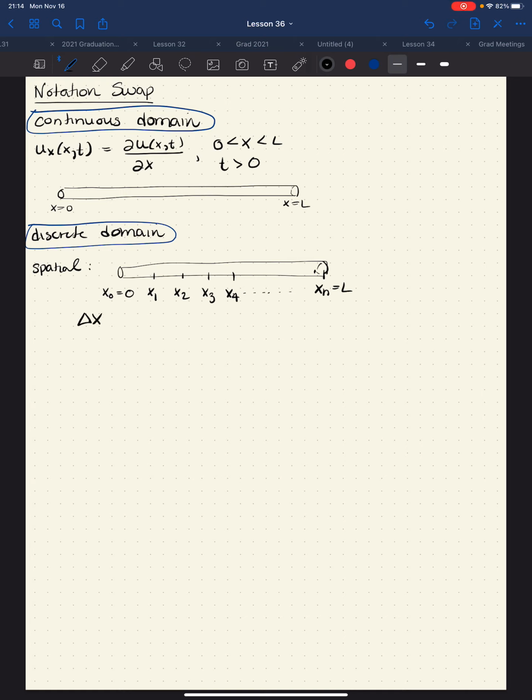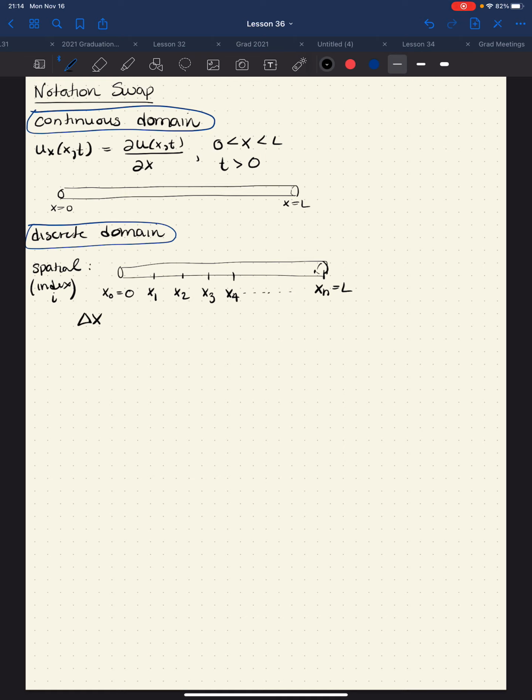So what we're going to do is swap notation just a little bit and use this index notation. For the spatial domain, I'm going to use the index i. So you can see x sub 0, x sub 1, x sub 2, x sub 3, x sub 4. So i starts at 0 and goes all the way to n.